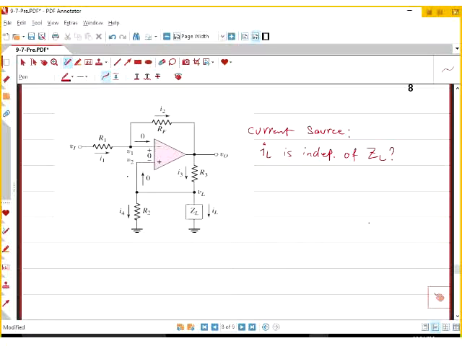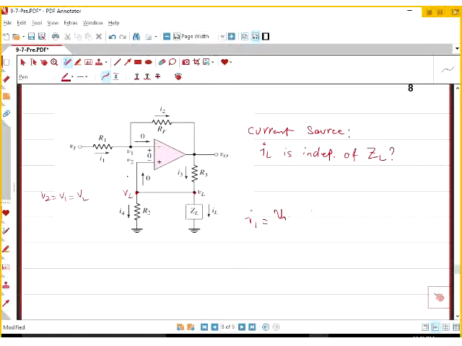Again, these are all practice in how to analyze op-amp circuits. What is the I1? If this point is VL, what is that point? VL, right? What is V1? V1 is also VL.